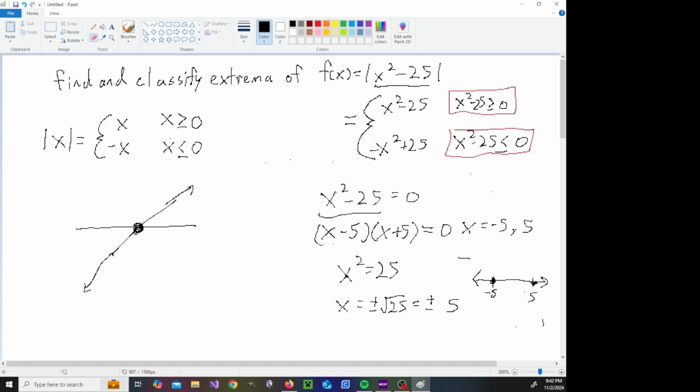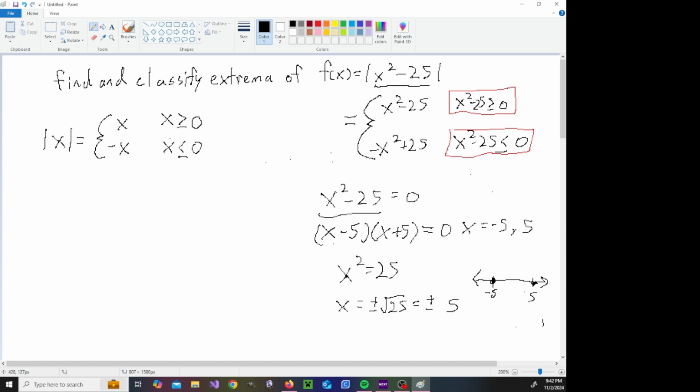So because I know my function is 0 at negative 5 and positive 5, there's no way that I can change my sign at any value except there at negative 5 and positive 5. So I really only need to figure out what the sign is on each interval, because there's no way I could change sign anywhere else.